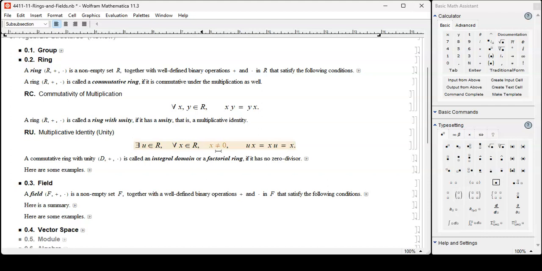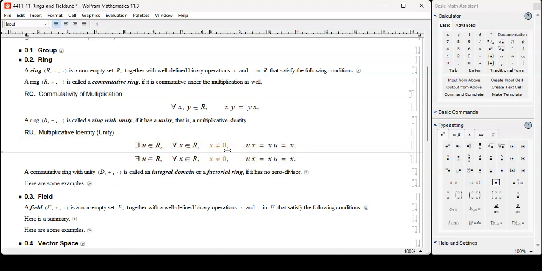Then we can consider the multiplicative identity, and we're going to call it the unity. So if you have two identities, that's a bit confusing. So the additive identity is 0, and the unity is kind of like 1. If you don't like to use this U notation, you can just use 1 like this, and then 1 times x is x times 1 equals x.